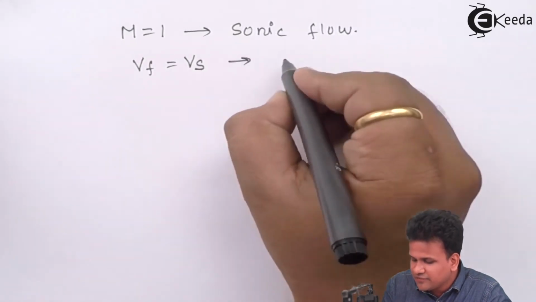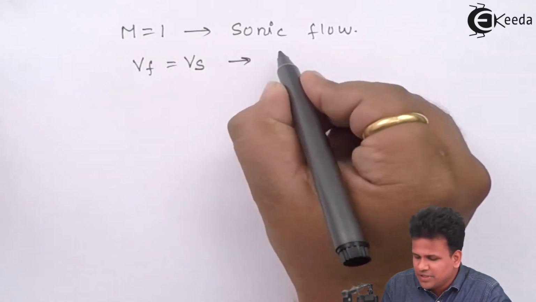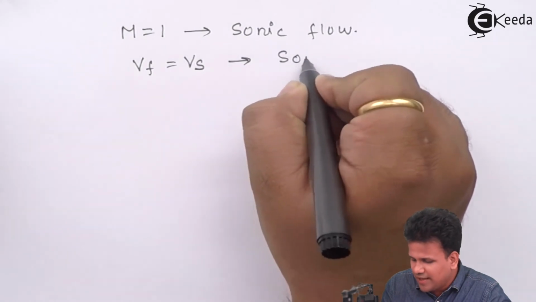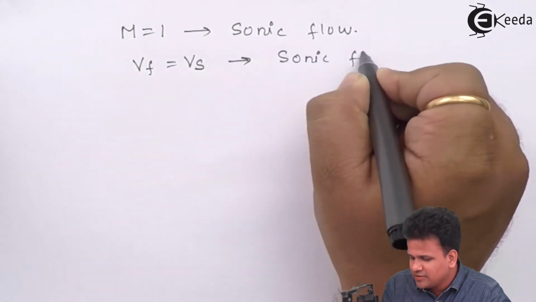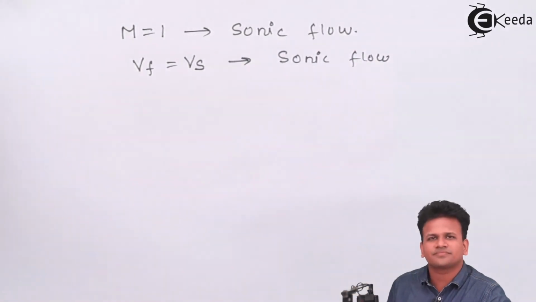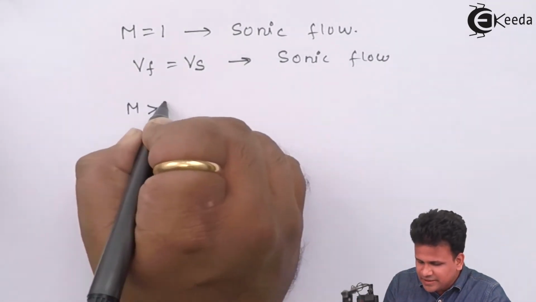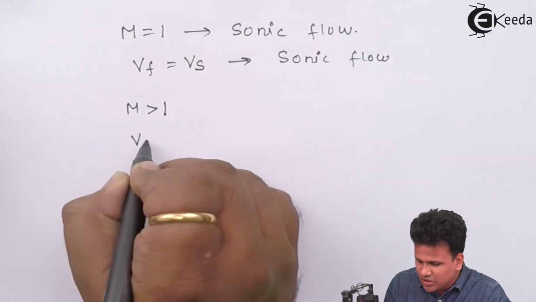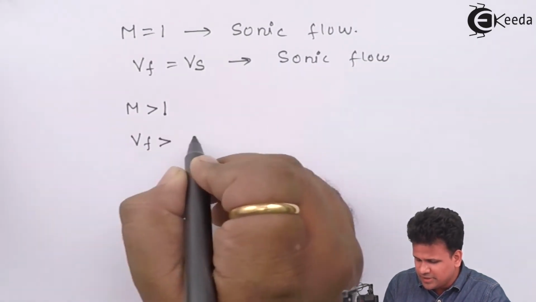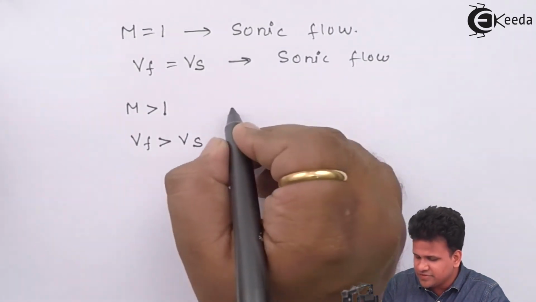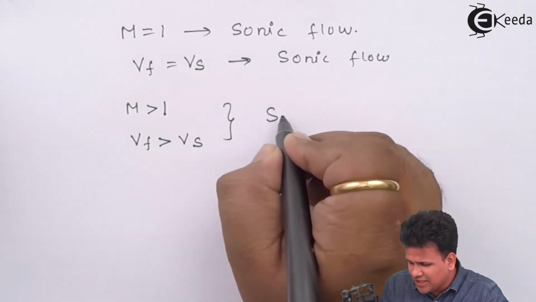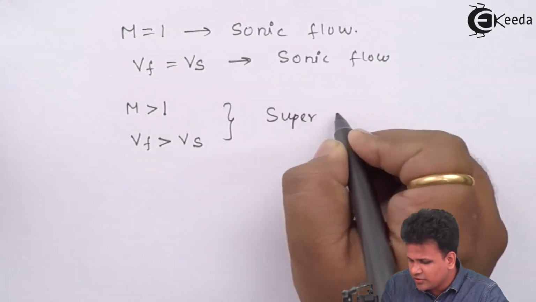It is traveling with the velocity of sound. So this flow is called sonic flow. Now, if Mach number is greater than 1, that means the velocity of fluid is greater than the velocity of sound. Together it is called supersonic flow.